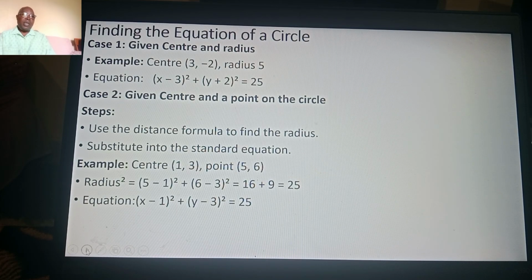Therefore, the radius squared will be 5 minus 1 squared plus 6 minus 3 squared, which is equal to 16 plus 9, which is equal to 25. So the equation is going to be, when you take the center, x minus 1 squared plus y minus 3 squared is equal to 25.